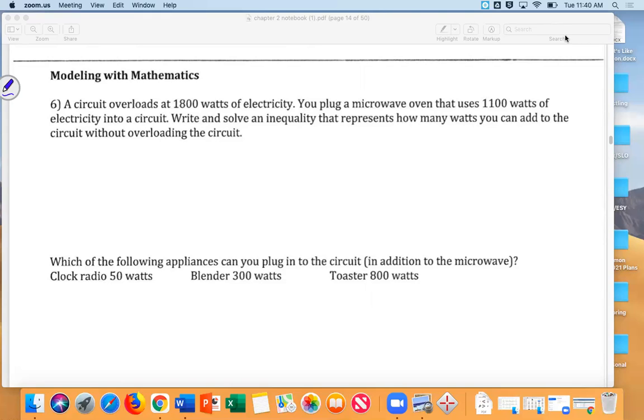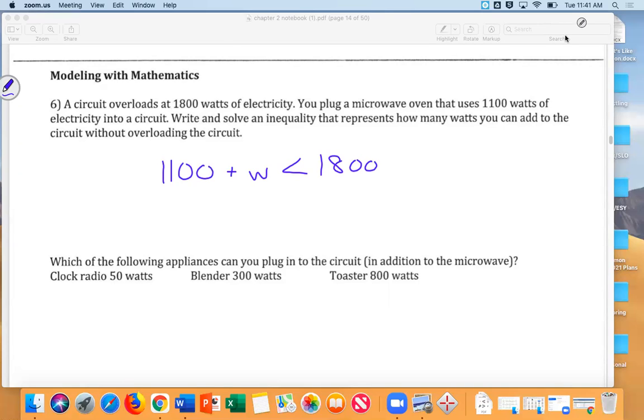Ava, how much is your microwave oven? How many watts does it draw? 1100. Plus some remaining watts. We're going to call it W for watts. Is that okay with you? Now, at what number does my circuit shut off? 1800. And it's a hard 1800. Meaning, once you hit that, it's done.